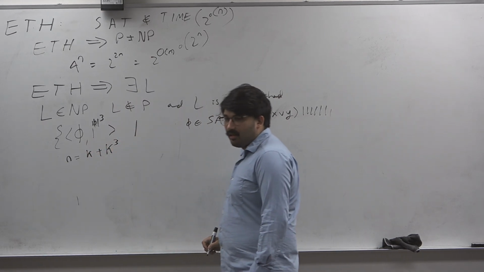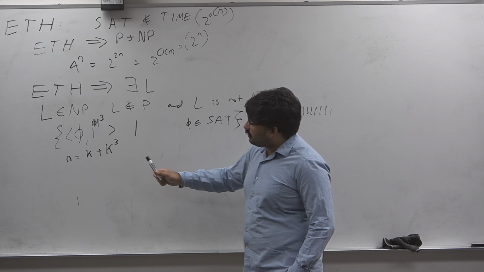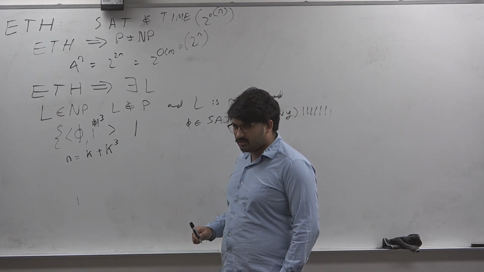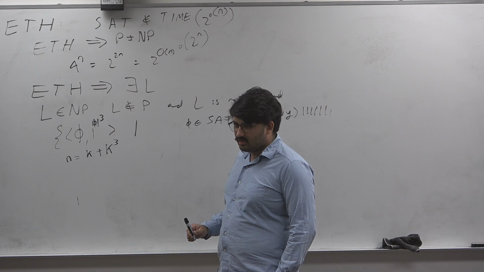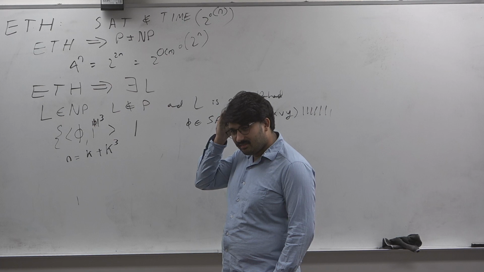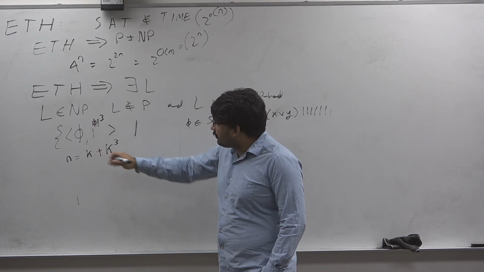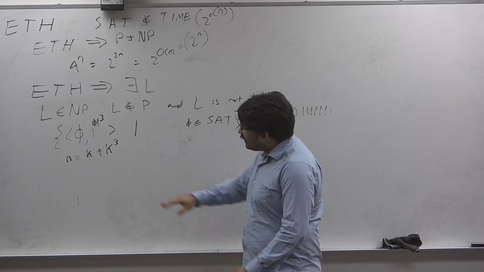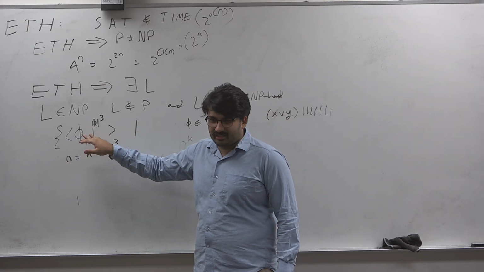So when you measure an algorithm in terms of k, how long does it take to brute force the formula? To brute force the formula, it takes like 2 to the k time, right? So measuring that as a function of the input is now a little different.